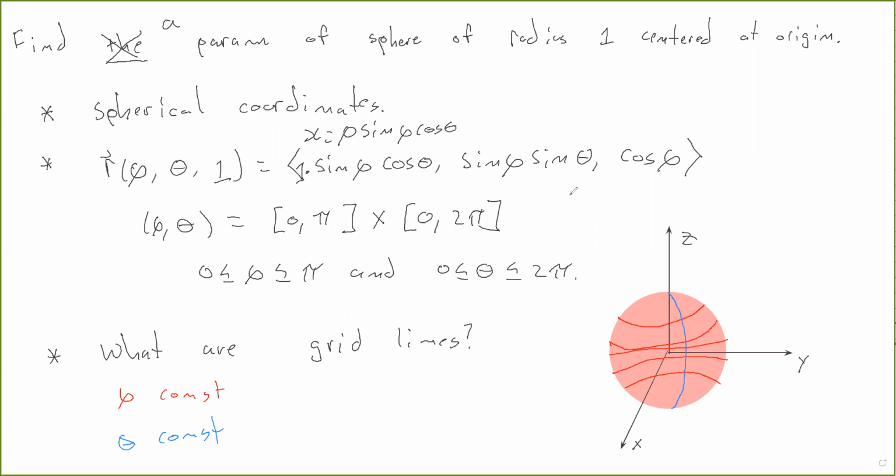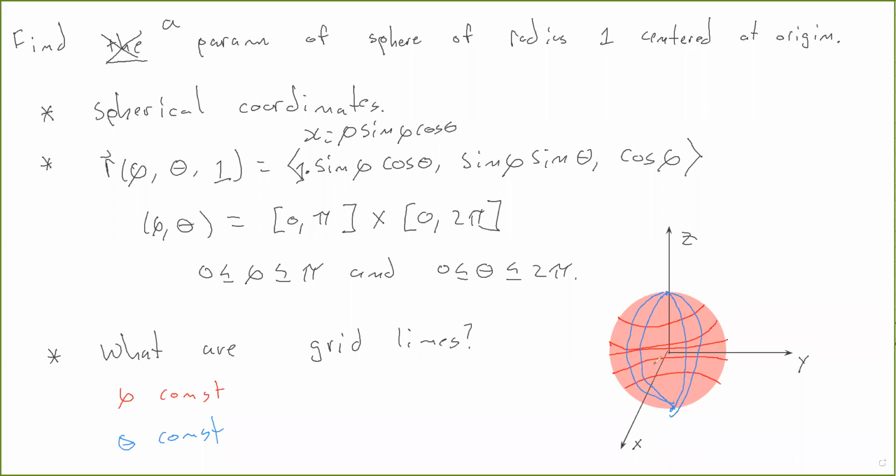So this means the x and y coordinates are going to be equal to 0. And the z coordinate is going to go from, when phi is equal to 0, it's going to be 1. When phi is equal to pi, it's going to be minus 1. And so when you hold theta constant, the grid lines that you get are these half longitude lines. I know these are bad.